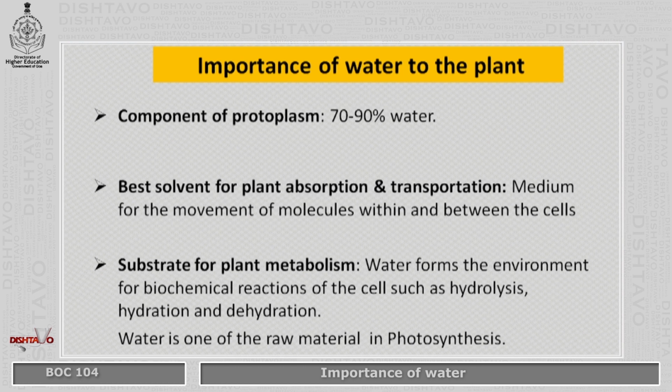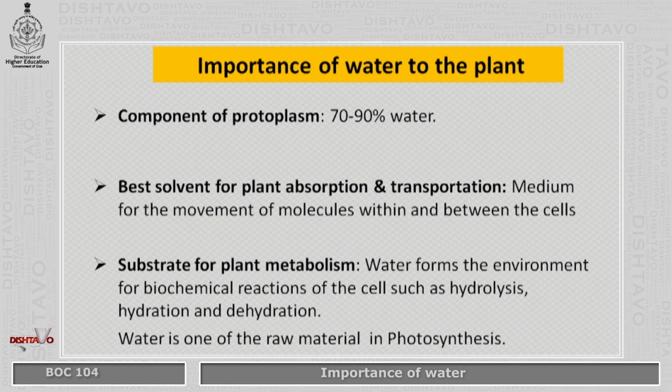So, let's see in detail what is the importance of water to the plant as such. Water forms the major component of the protoplasm of the plant cell. So, almost 70 to 90% of the plant cell is water in the protoplasm. Then, water is the best solvent for absorption and transportation.